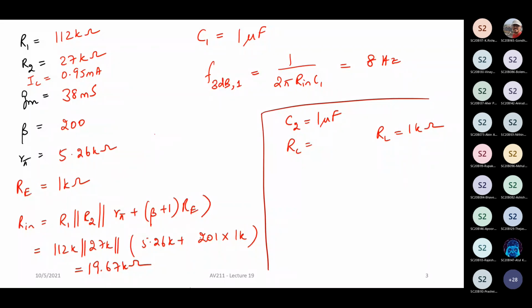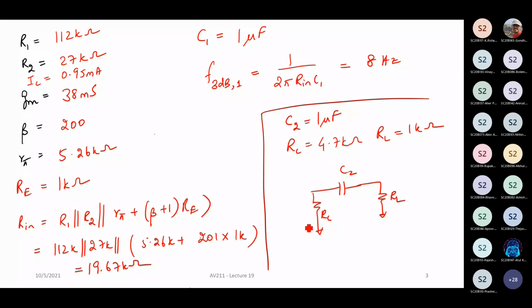So RC is 4.7 kilo ohms. Okay, right. Now, if you look at the output section, it basically is RC to ground. You have C2 and you have RL, correct?